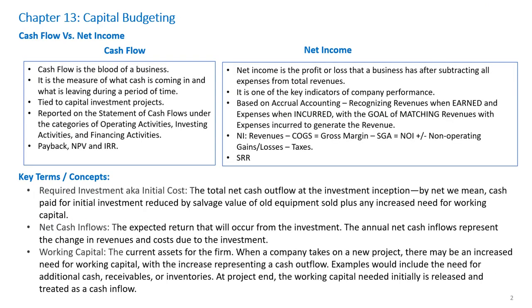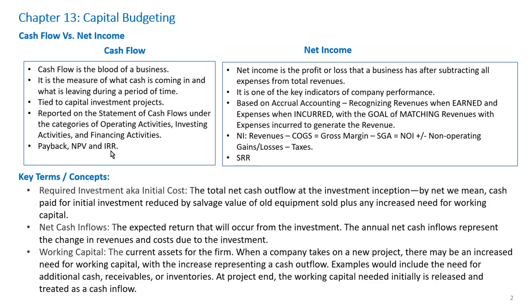For these types of analysis, understanding the difference between cash flows and net income is key. Cash flows are connected with capital investment projects. Methods such as the payback period, the net present value, and the internal rate of return analyze the cash flows related to the capital investments to make a decision.